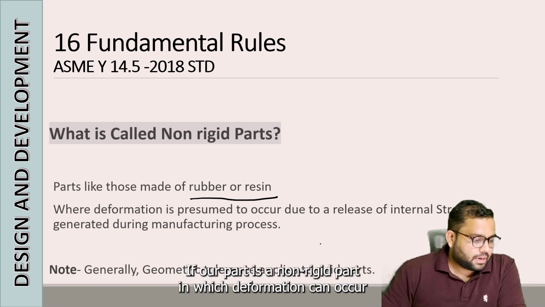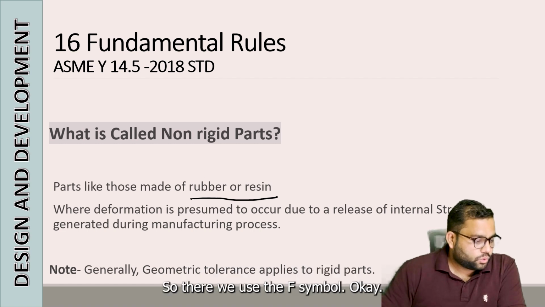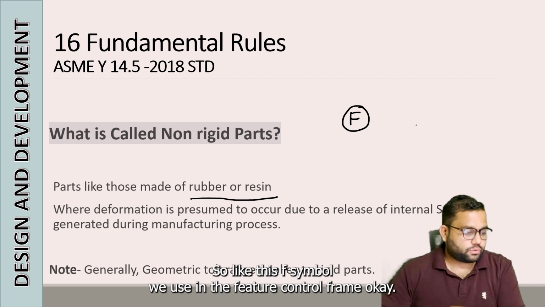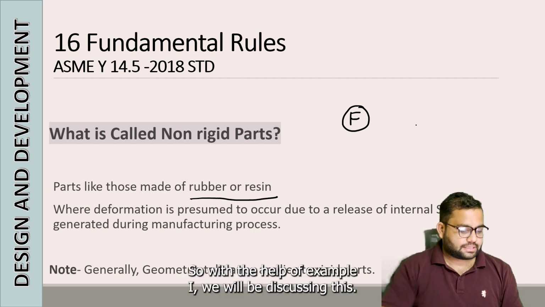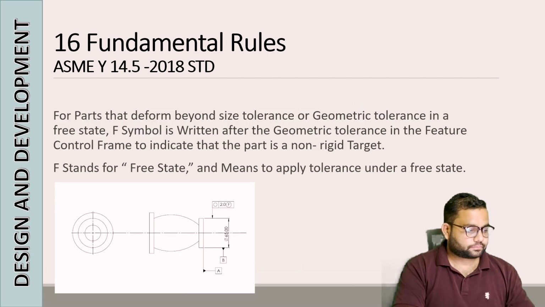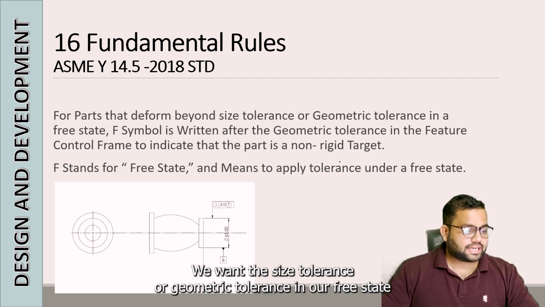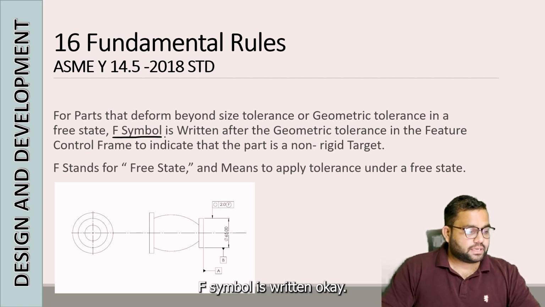If deformation can occur in a free state condition, we use the F symbol in the feature control frame. We will discuss this with an example. For parts that deform beyond the size tolerance or geometric tolerance in a free state, the F symbol is written.